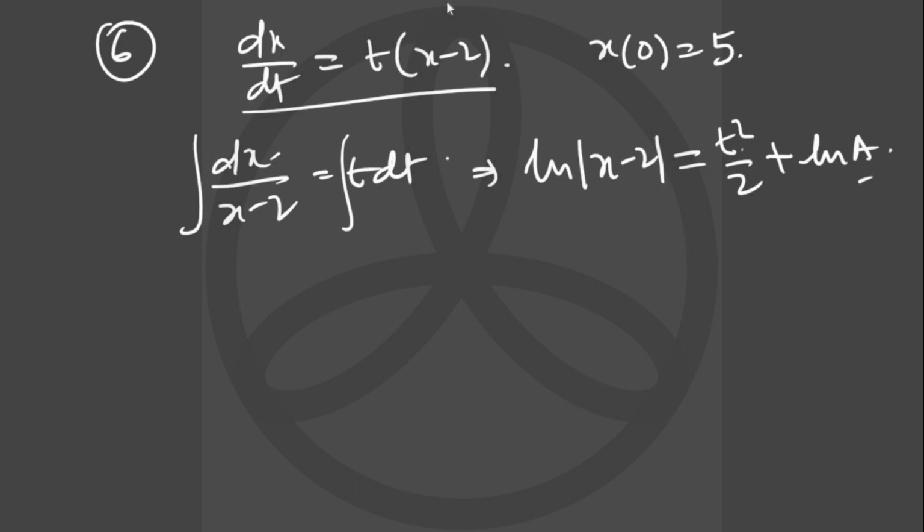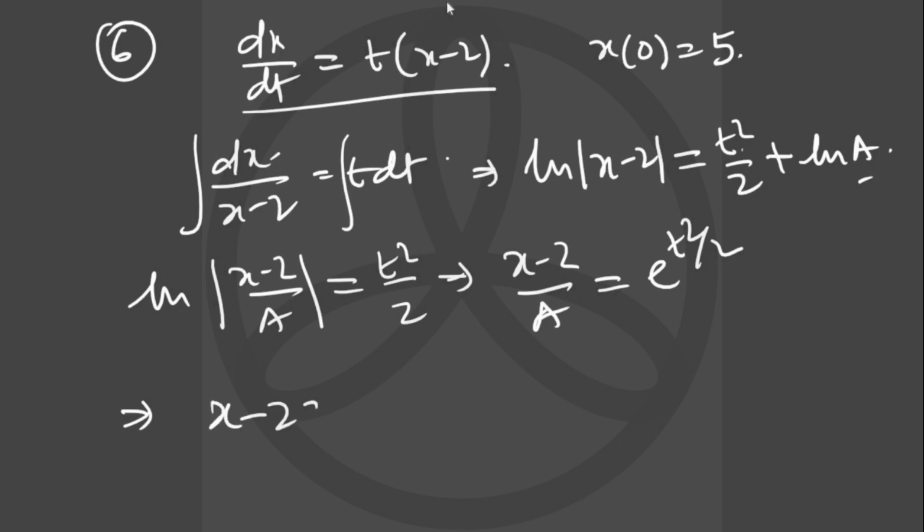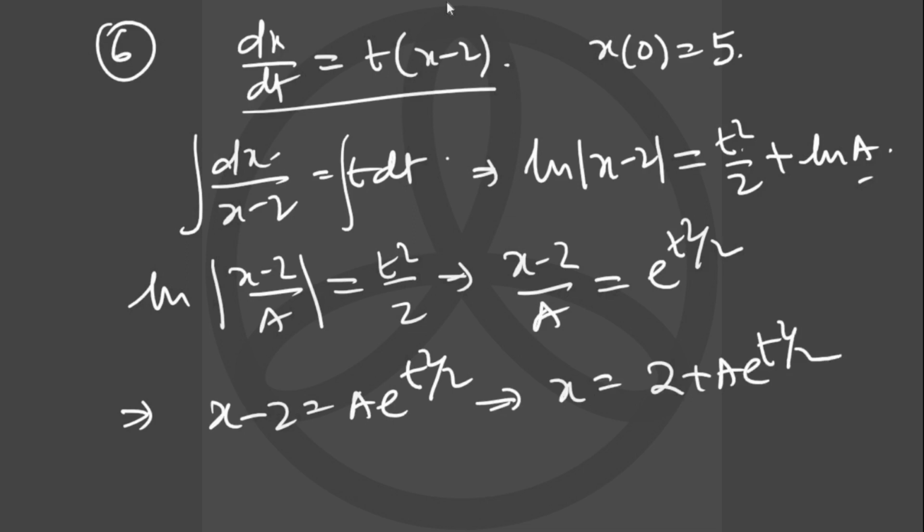I take ln a on this side to write ln|(x - 2)/a| = t²/2, and then apply antilog to get (x - 2)/a = e^(t²/2), and then a is cross multiplied with the exponential, so we have x - 2 = a e^(t²/2), or x = 2 + a e^(t²/2). So this becomes the general solution.